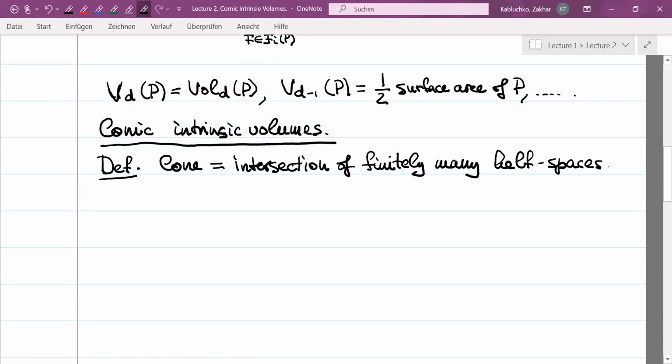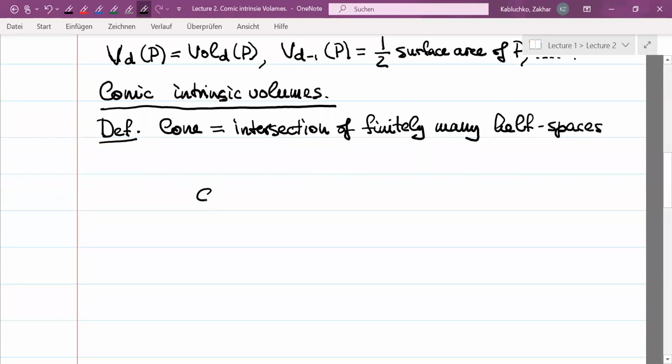So a cone C is an intersection of half spaces H_i^+, i from 1 to some number m, where H_i^+ are half spaces such that their bounding hyperplanes contain the origin.